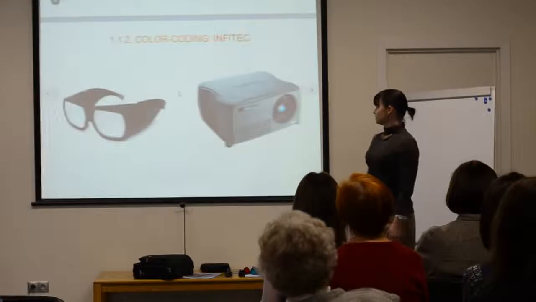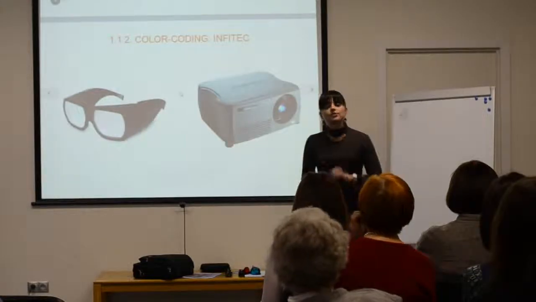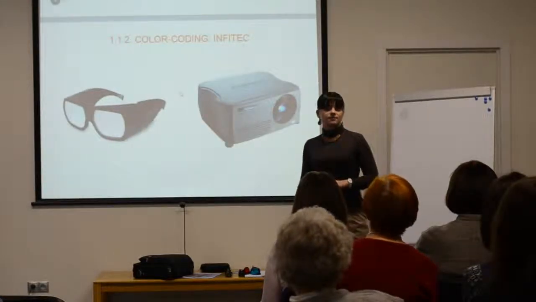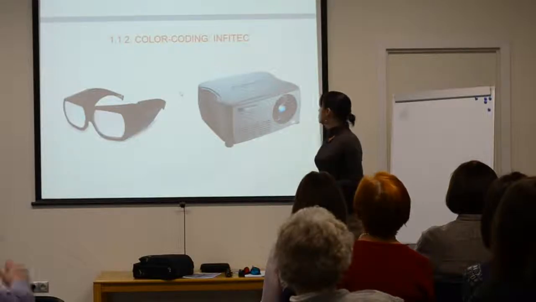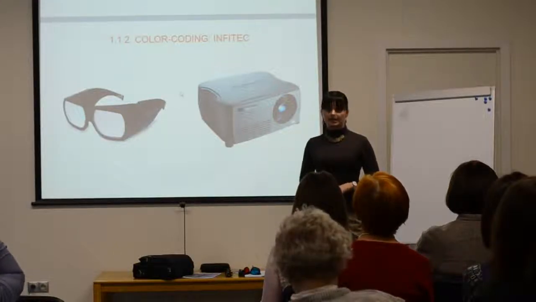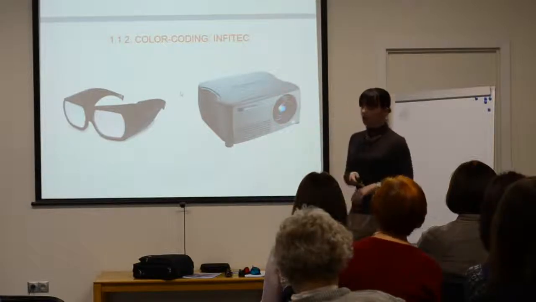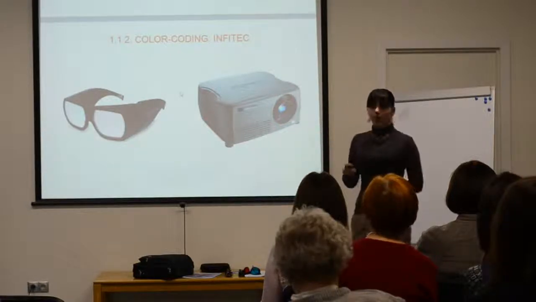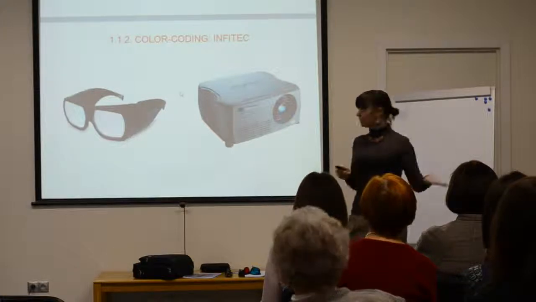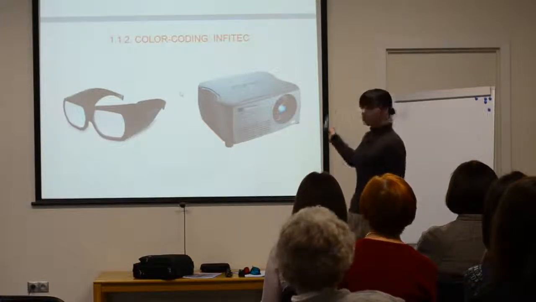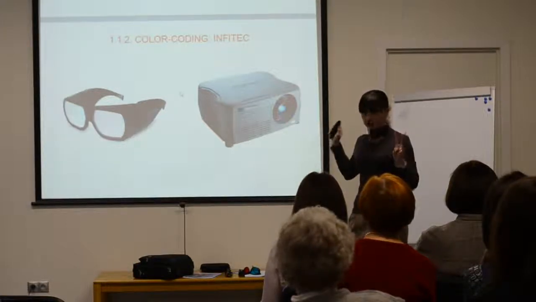This is about anaglyphs. The second very interesting technology that I guess very few of you know is also based on color coding, and it's called Infitec. That's a German patented technology, which is very smart and widely used in professional spheres, and it requires a special projector or two projectors.